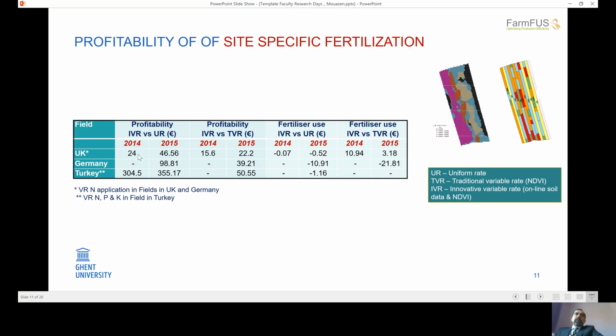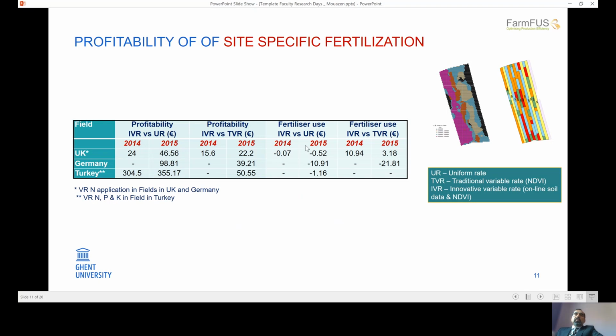We have even run the variable rate cost benefit analysis in other fields in Germany and Turkey, and we see that profitability could range from 24 euros per hectare up to 355 euros per hectare, depending on if you use N only, then it can go up to 98 euros per hectare, like the case in Germany, while if you add NPK, this can go up to 355 euros per hectare.